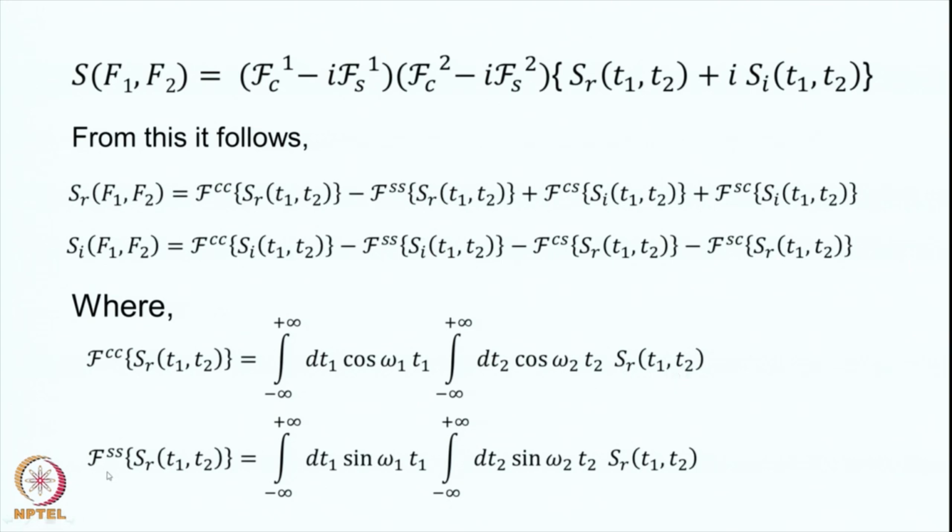And what about this FSS, that is this one here. It is a sine transform along both the dimensions, therefore, here you have dt1 sine omega1 t1 and dt2 sine omega2 t2 SR(t1, t2). So, this is also a real number.